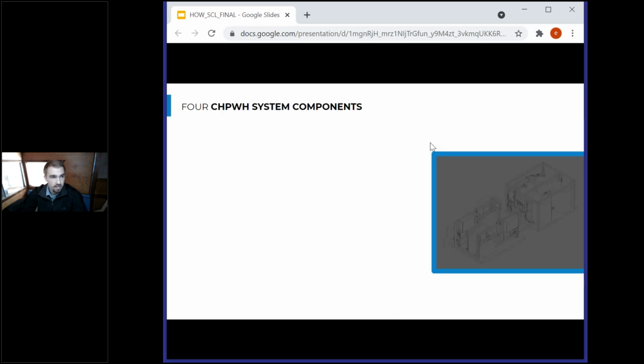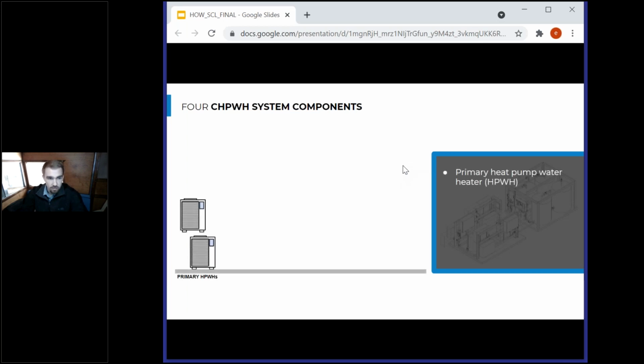So there's going to be 4 components we talk about today. And the first, of course, is going to be the primary heat pump water heater. So this is the star of the show, and it's heating the cold water from the city up to a point that can be used for showers or washing your hands or really anything you need hot water for.